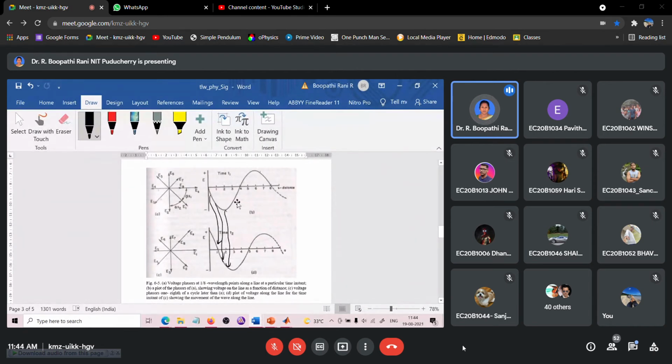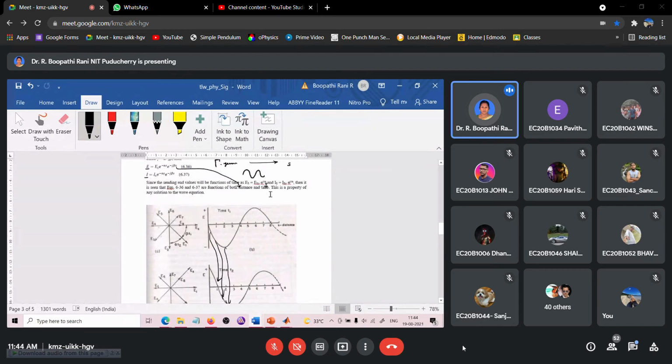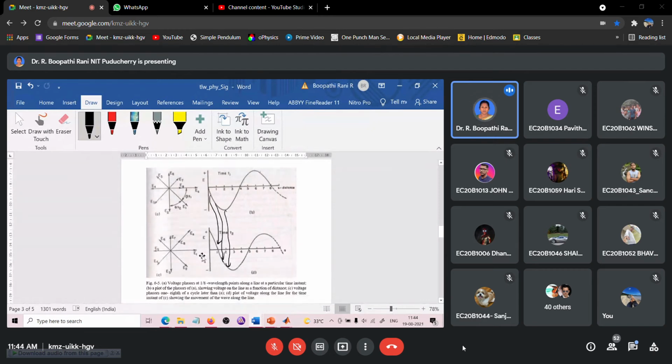So the wave is depending on both time and distance. And the source is continuously sending the signal, so whatever is the next generated signal will come here. This is the newly generated signal.